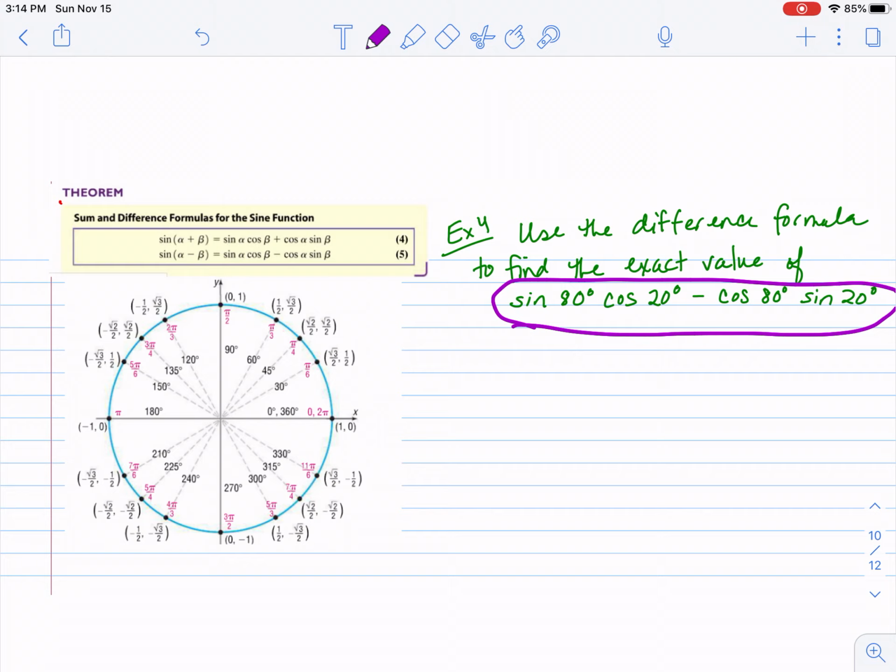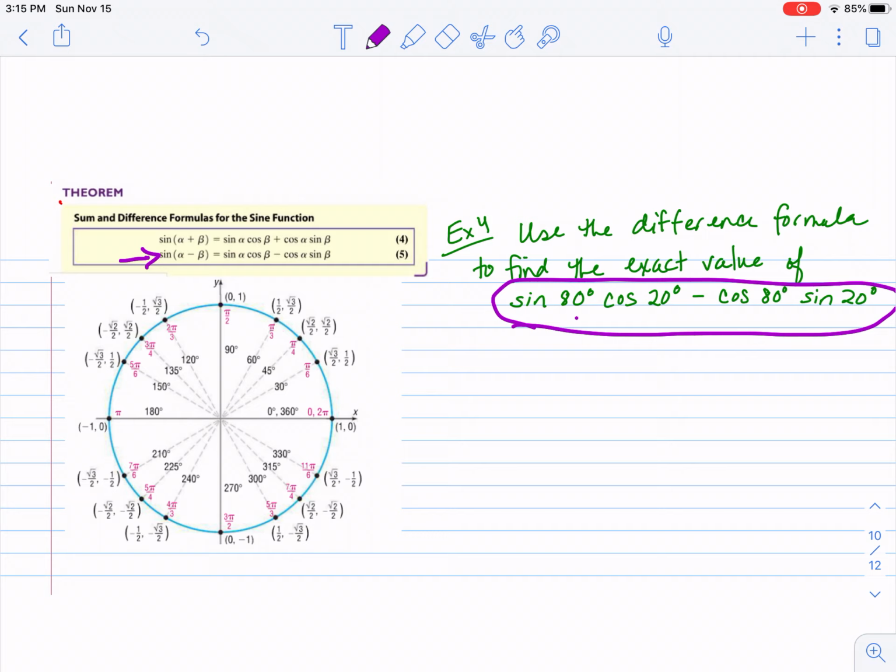Here are my choices. It could be the sum of cosine, the difference of cosine. It could be the sum of sine, the difference of sine. Notice, it looks exactly like sine alpha cosine beta minus, that looks like this one right here.